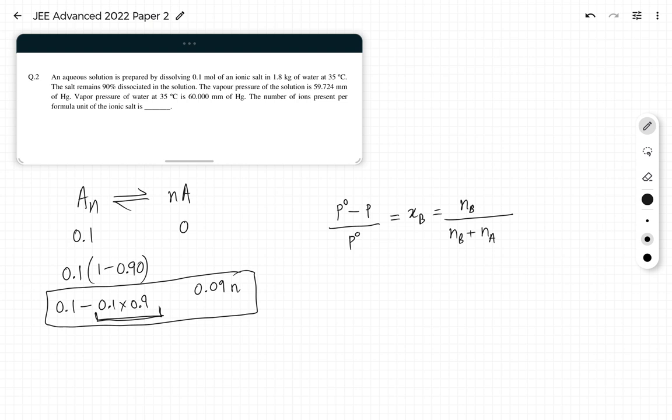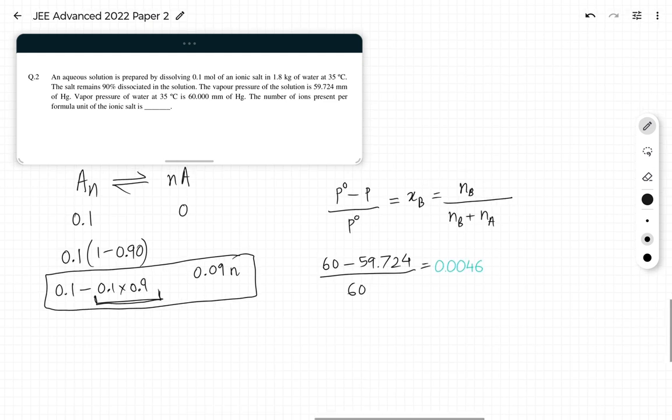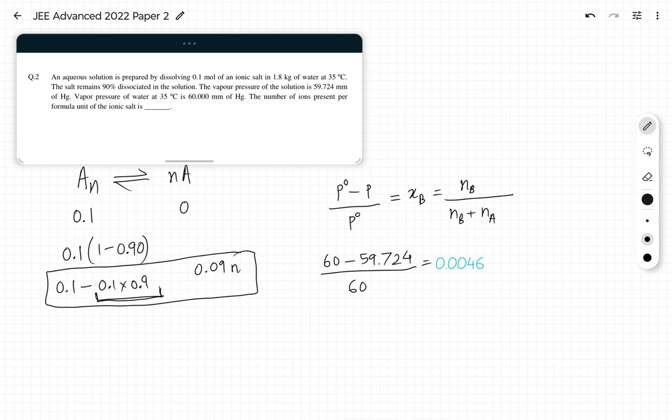Now the relative lowering of vapor pressure is 60 minus 59.724 divided by 60. Let's keep this value aside, and XB is actually the number of moles of non-volatile entities in the solution, which will be actually equal to the number of moles of dissociated ions and the undissociated ones present of the salt.